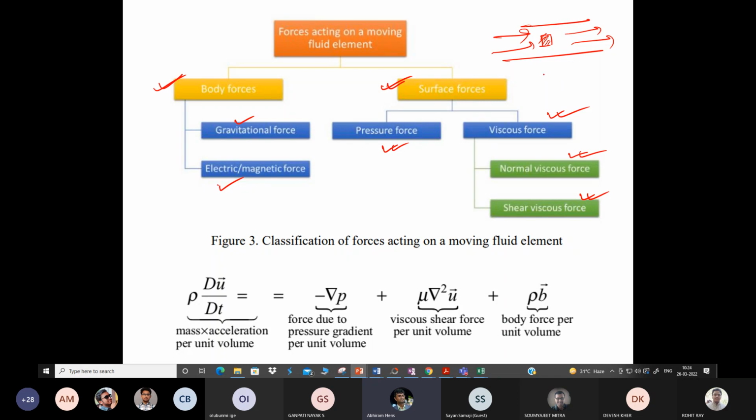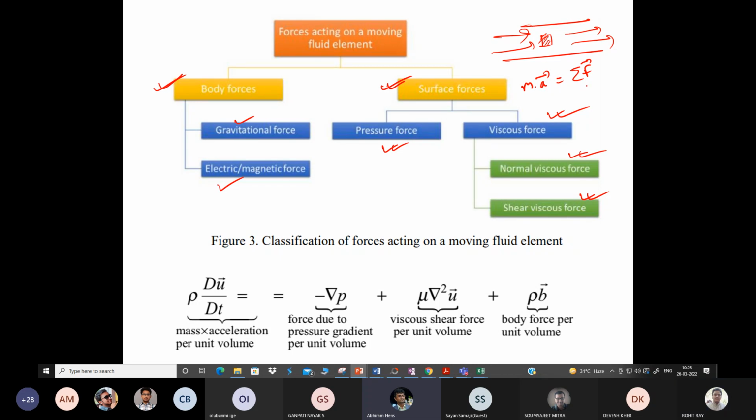Newton's second law states that mass into acceleration will be equal to the sum of the applied forces, that is, the summation of all the forces acting on this particular body. If m is the mass, acceleration is denoted by a, then the sum of the forces.